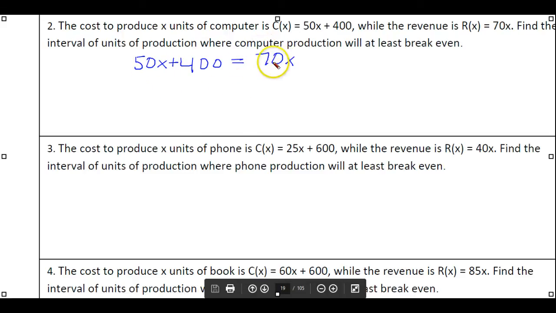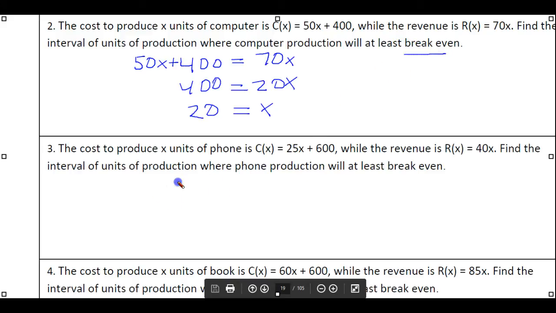You're making more money on each sale, so you subtract 50x, and that gives you 20x equals 400. Now divide both sides by 20, and you get x equals 20. So here, instead of having to sell 40, you sell 20 of this item to break even.